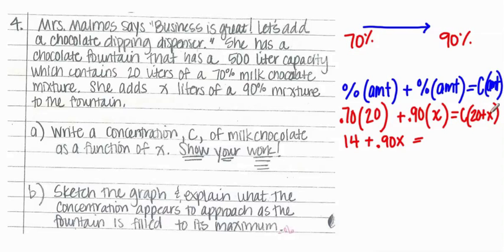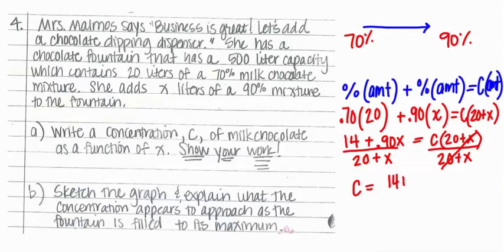I don't want to distribute the C because I want to solve for C. So I'm going to keep this C times 20 plus x. If I want to solve for C, that means I need to divide both sides of my equation by 20 plus x. And now my equation is C equals 14 plus 0.9x over 20 plus 1x.